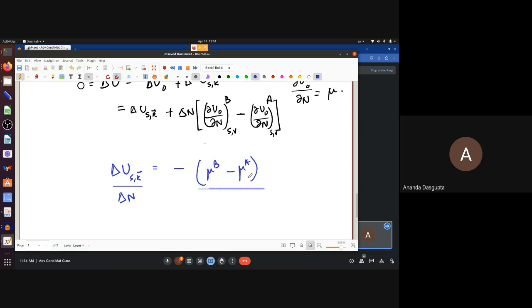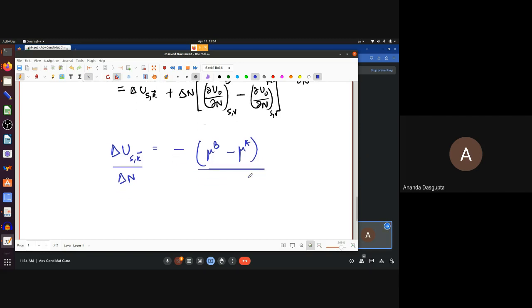So this helps us to identify, with analogy from mechanics, that mu plays the role of potential energy here.